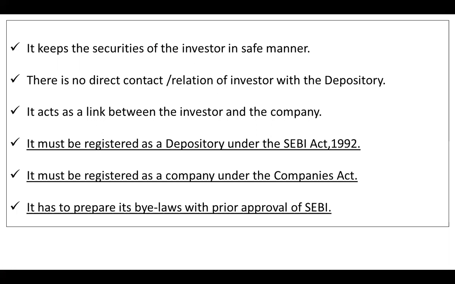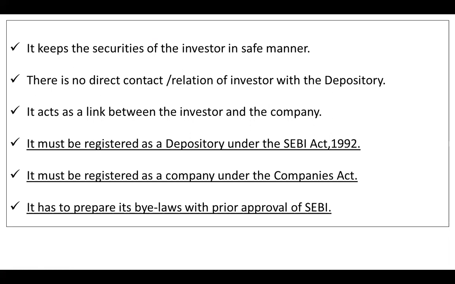There is no direct contact between the investors and the depository, because the depository acts as a middleman between the investors and the company. It acts as a link between the investors and the company, just like a bank.